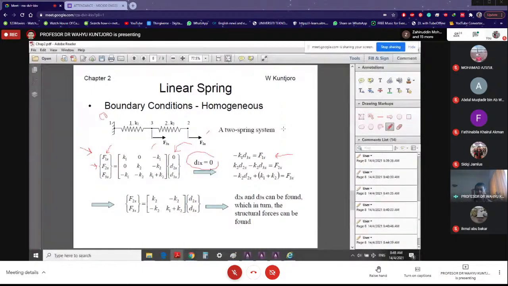And the second equation relates with F2x. The third equation relates with F3x: minus K1 multiplied by 0, of course 0, minus K2 D2x, and K1 plus K2 multiplied by D3x. Over here, I forgot, but you should have D3x over there. Anyway, you know that it is D3x.